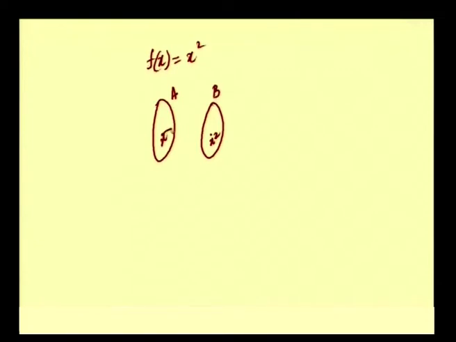For example, you may call f of x is equal to x square. This is a very common function, all of us know. So, what has been done here is a point x in the domain A is being converted to the point x square in the range B through a transition called f. So, that is why we represent it as f of x is equal to x square.